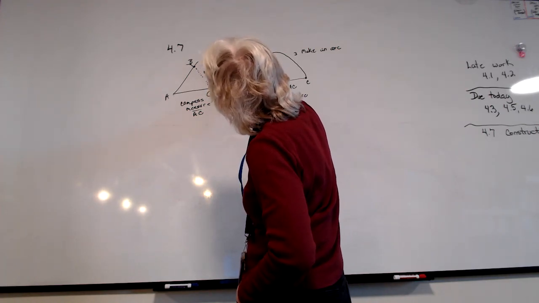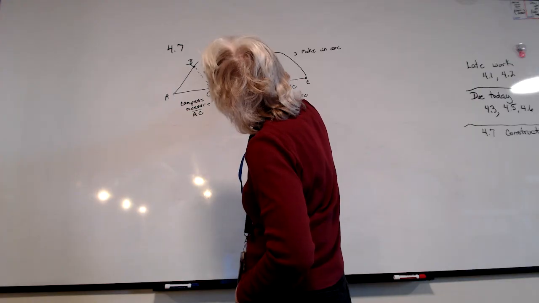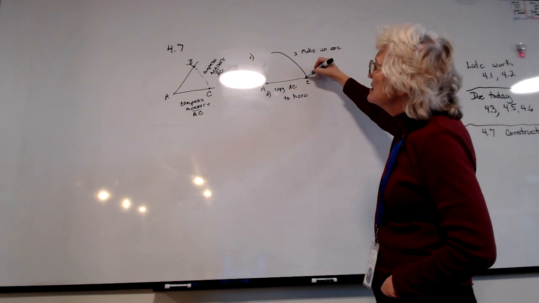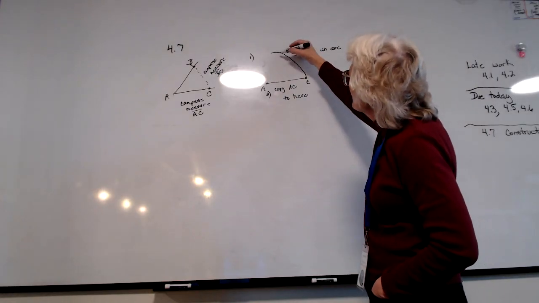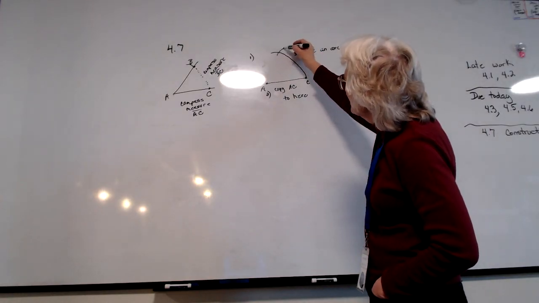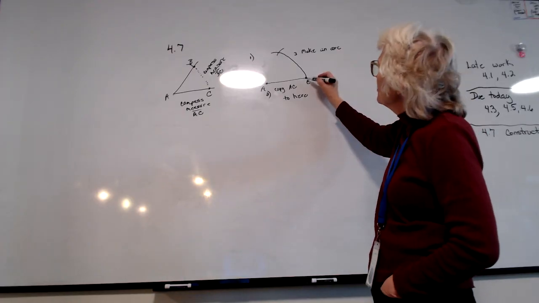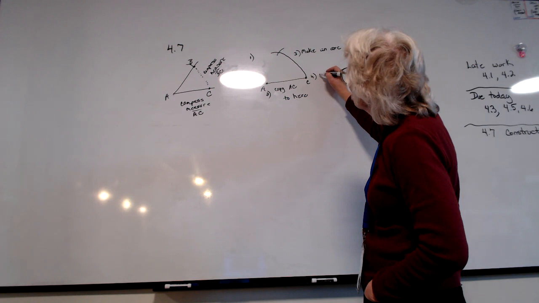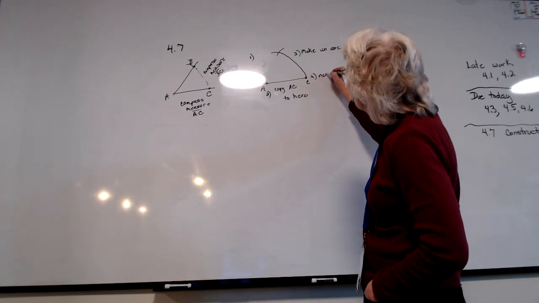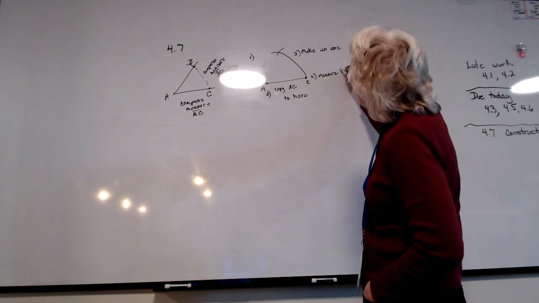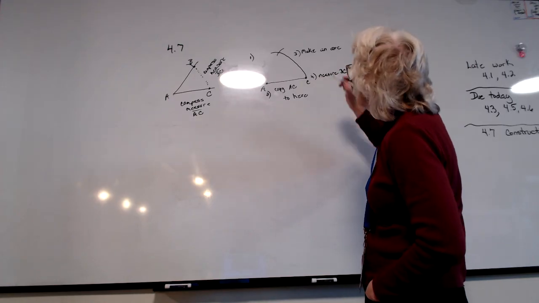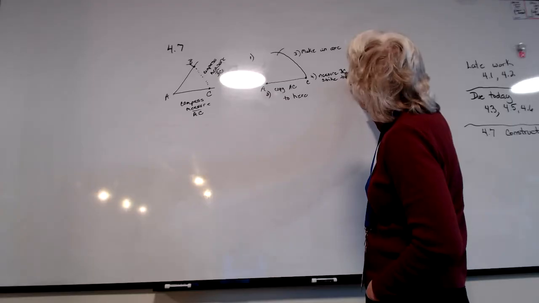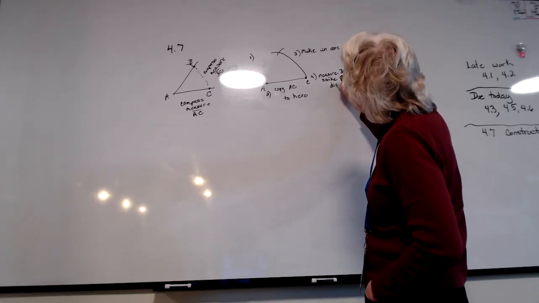Measure B to C. And what you're going to do is on that arc, you're going to take C and come there and strike it up here. So you're going to put the pencil. So our fourth thing is to measure BC, and we're going to strike that distance on your arc.